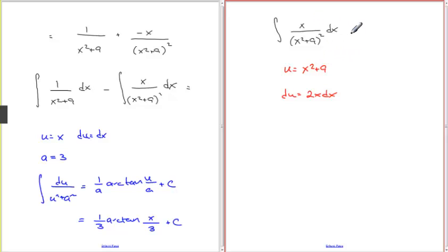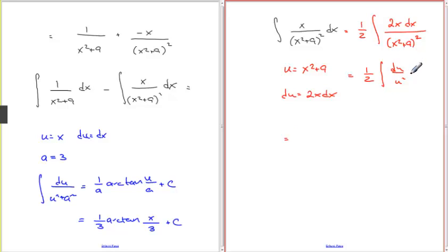So we go back to the original equation, and we divide by 2 in front of the integral. We multiply by 2 inside the integral, which we can do with constants. Can't do with variables, but we can do with constants. So you can see now I have exactly du, and here I have u squared. So we get 1/2 the integral of du over u squared.